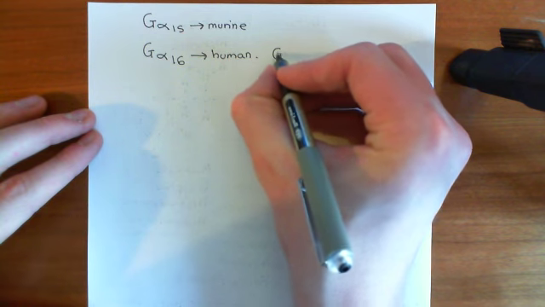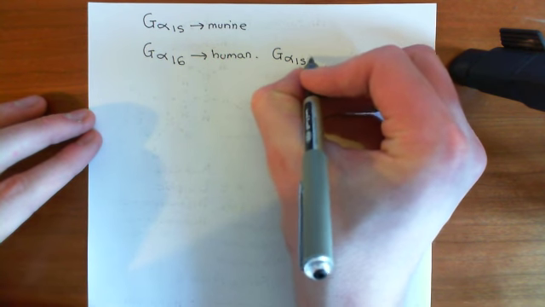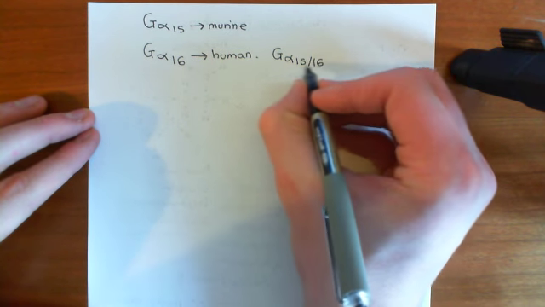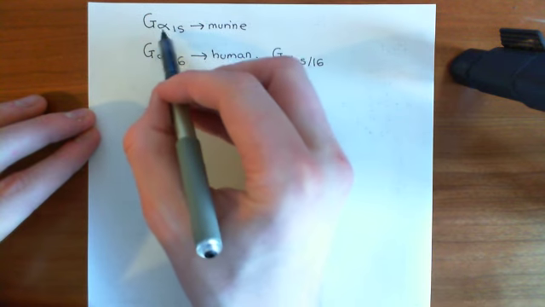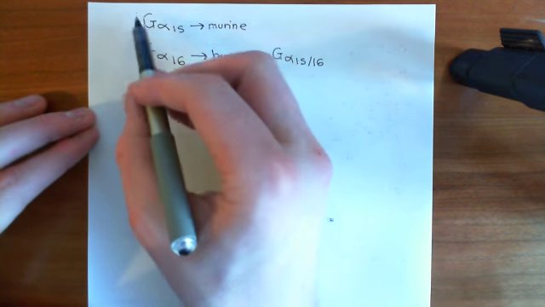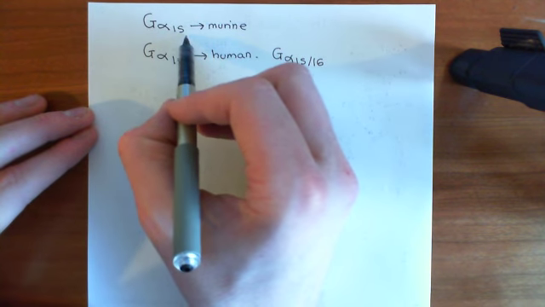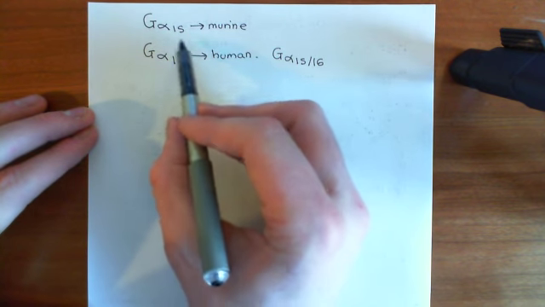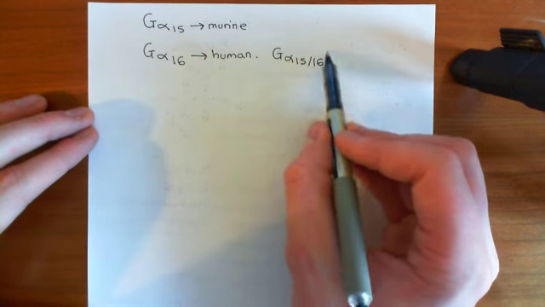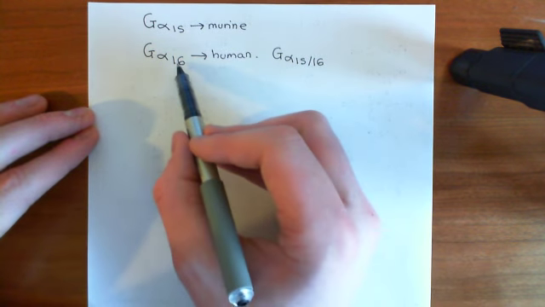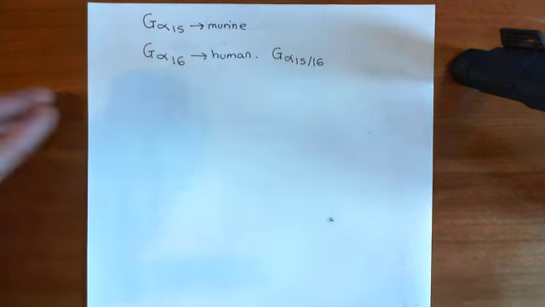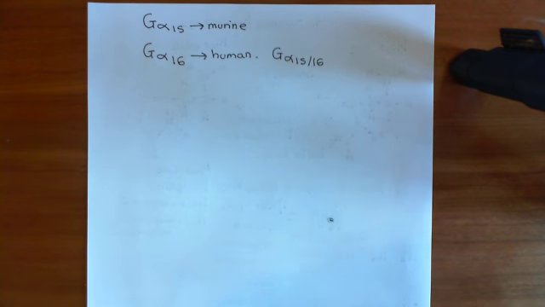Some people will call this instead G alpha 15/16 because effectively it's the same thing as we found in mice and had called the G alpha 15. So humans definitely do not have a G alpha 15. Their equivalent is the G alpha 16, but some people have said let's rename G alpha 16 to G alpha 15/16 to realize the fact that we called it 15 in the mouse and 16 in the human.